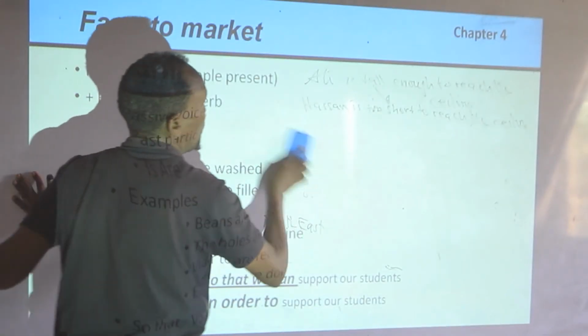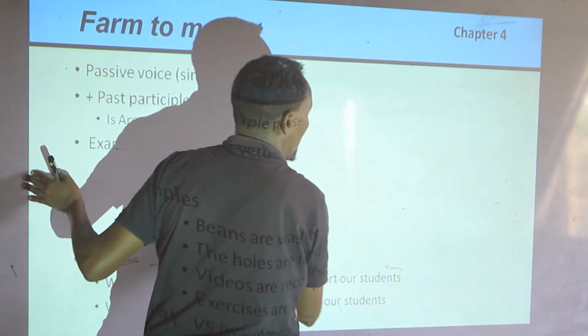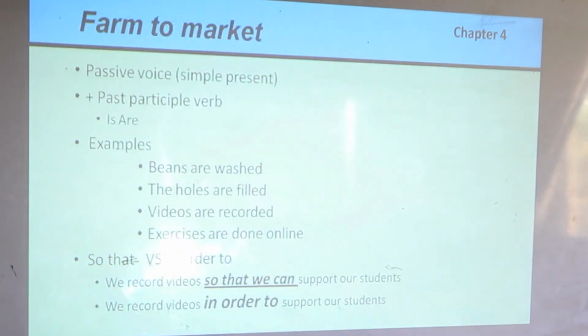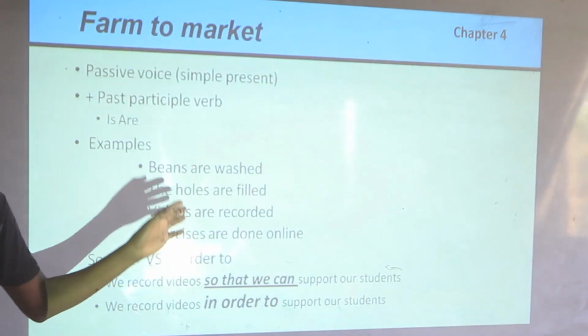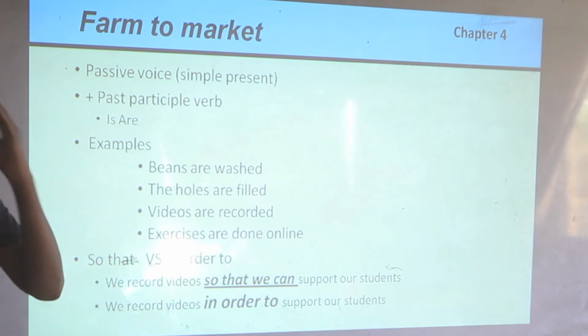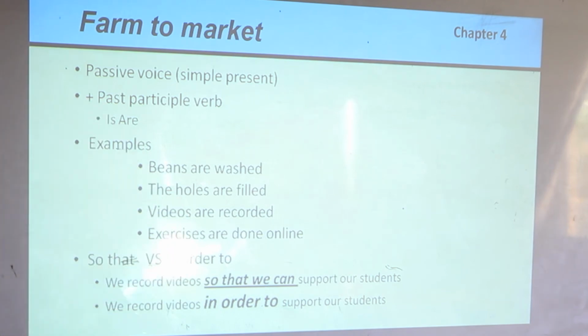Chapter 3. Now we're going to chapter 4. This is revision work. That means you already have these lessons, but what we are going to do here is to do revisions, to give you a flash of the lessons, to make sure that you remember your lessons back again.